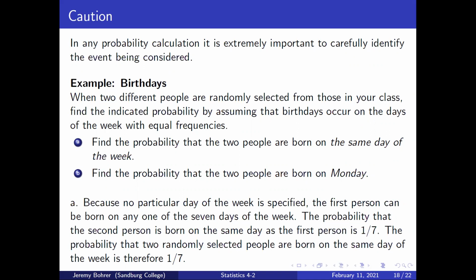Because no particular day of the week is specified in the first case, the first person can be born on any one of the 7 days of the week. The probability that the second person is born on the same day as the first person is 1/7. The probability that 2 randomly selected people are born on the same day of the week is therefore 1/7.